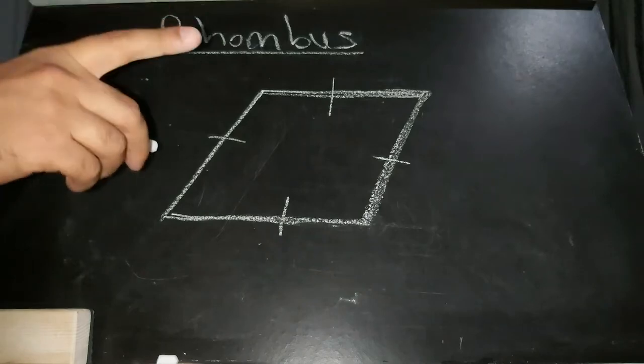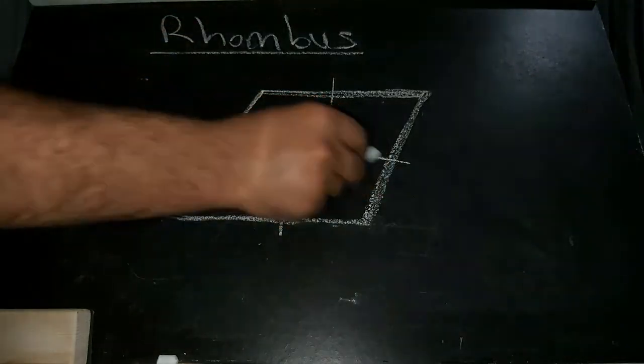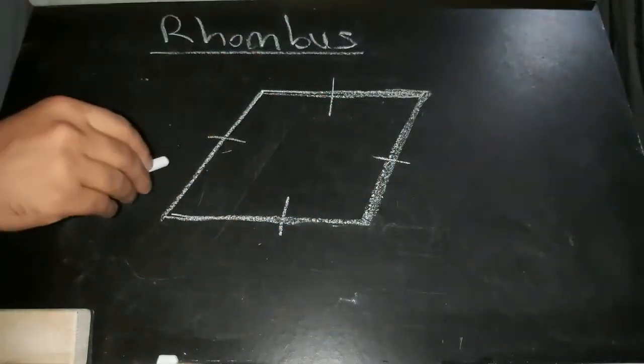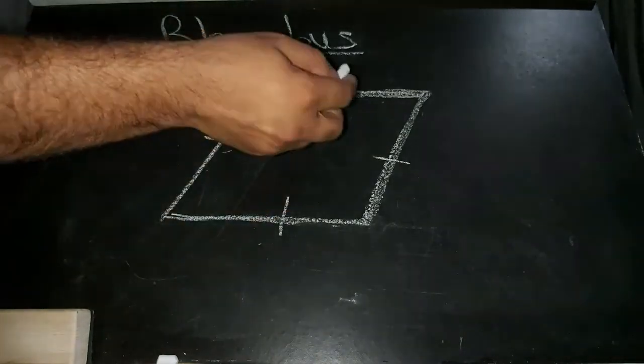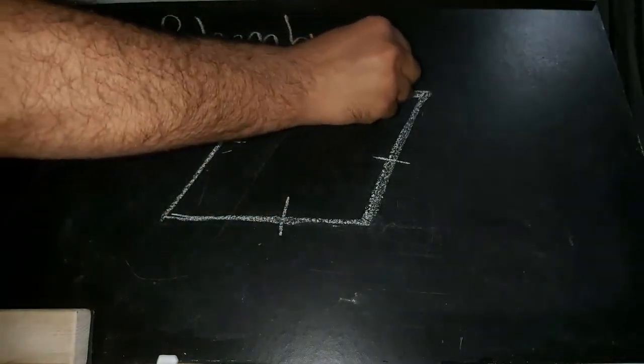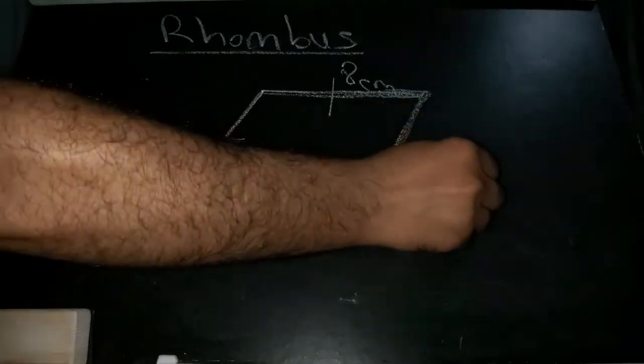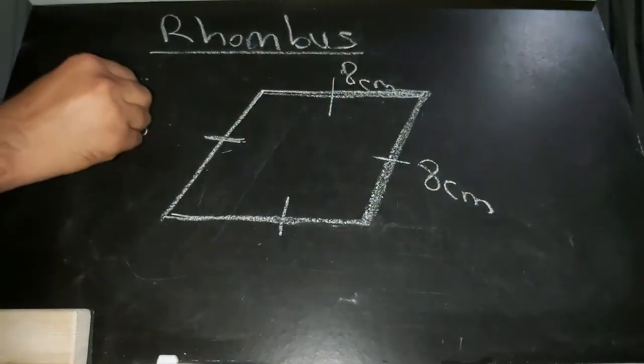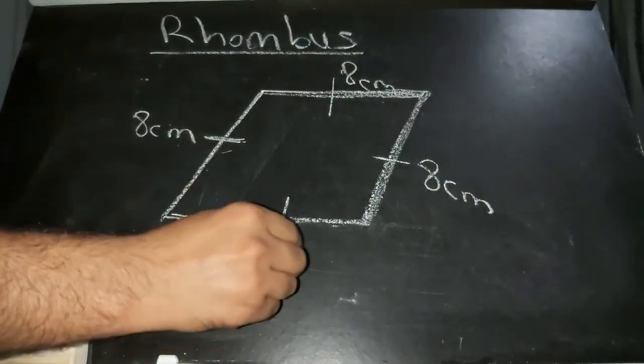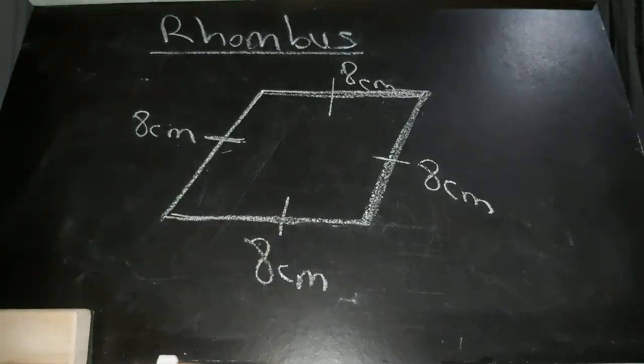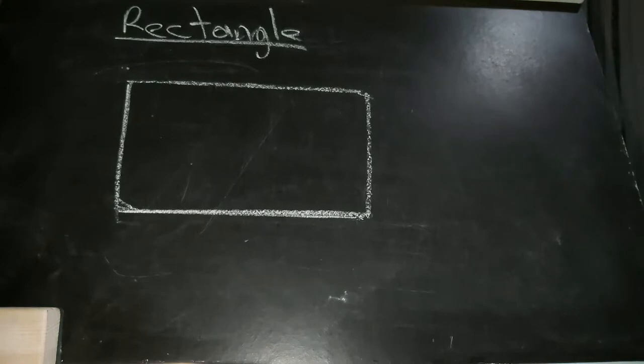For a parallelogram, if you remember, opposite sides are the same, but for this one all sides are the same. Let's say if this one is 8 centimeters, all of them are going to be 8 centimeters. Right. Let's pass to our next shape.